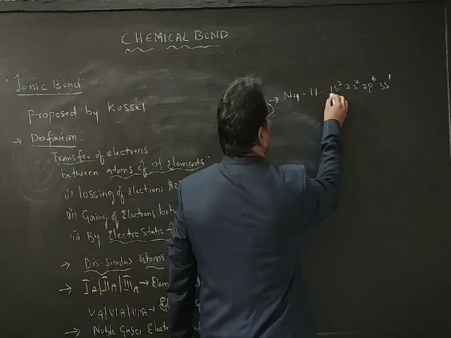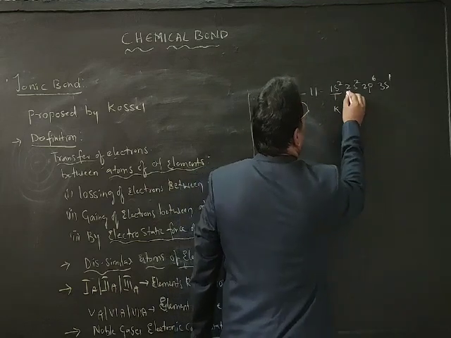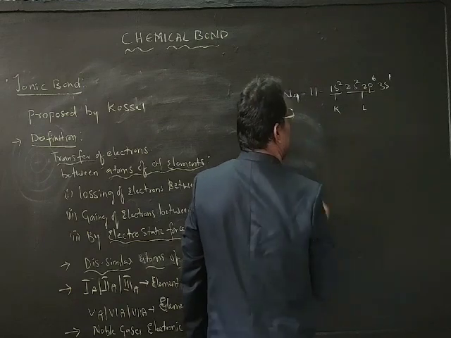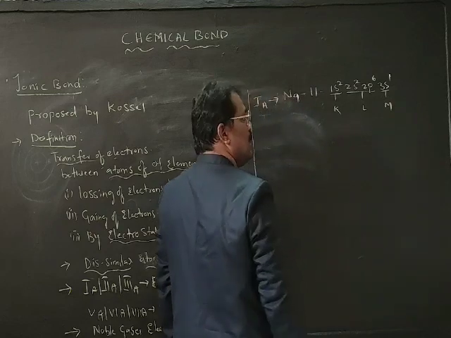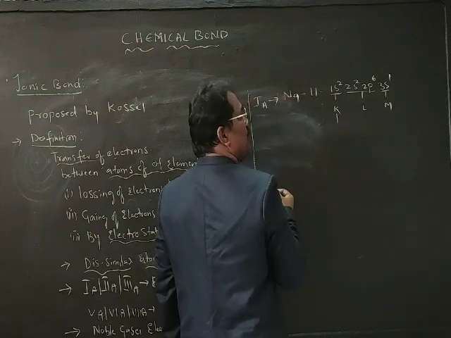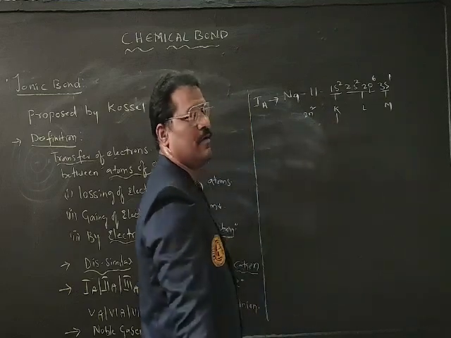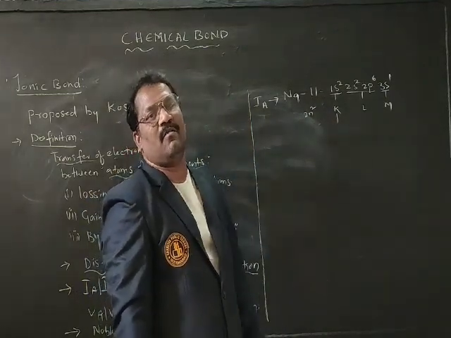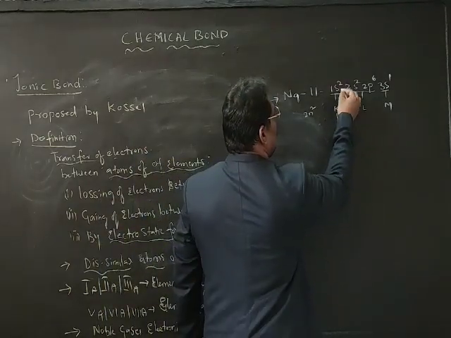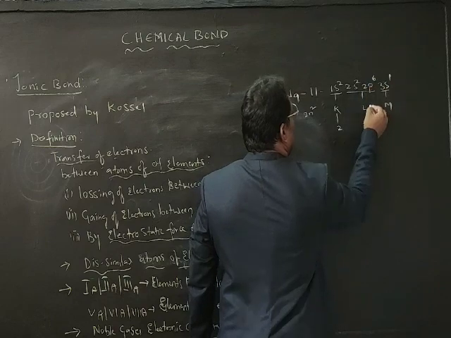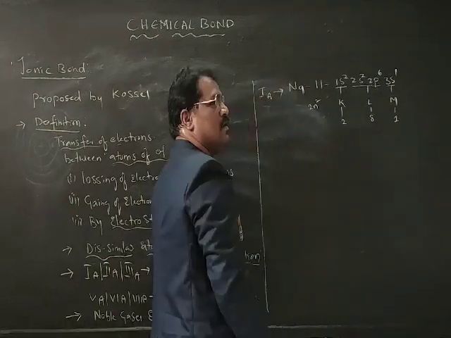Coming to the shells, this is called the first shell, the K shell. This together is called the L shell. This is called the M shell. According to the concept of Niels Bohr, each shell accommodates electrons based on the formula 2n squared. So the first shell has 2 electrons, the second shell has 8 electrons, and the third shell has 1 electron.